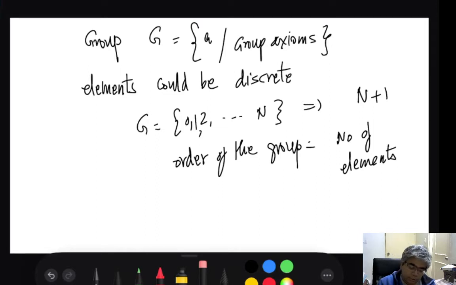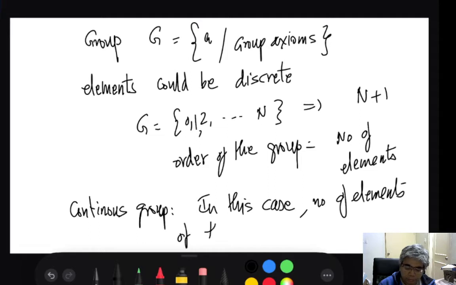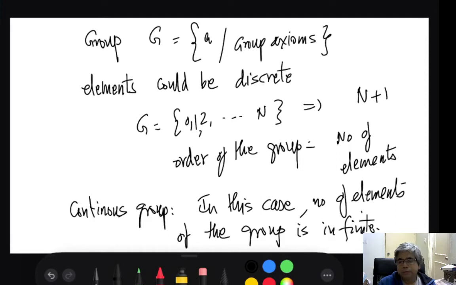In the case of a continuous group, the number of elements is essentially infinite.